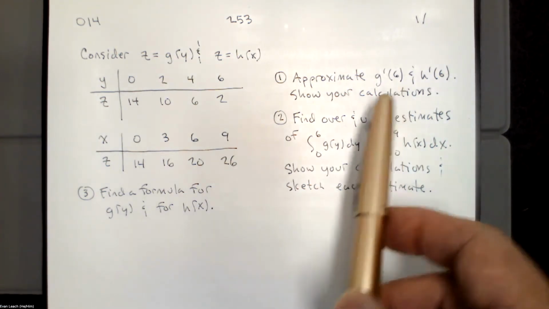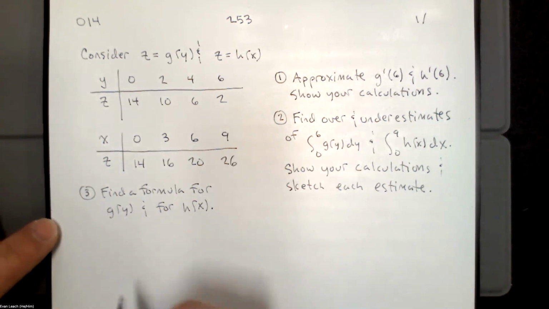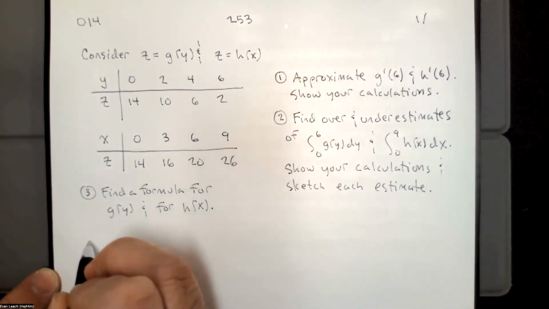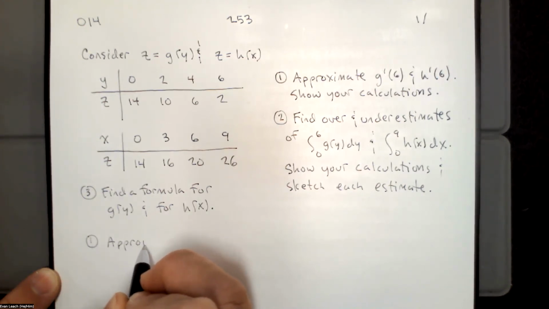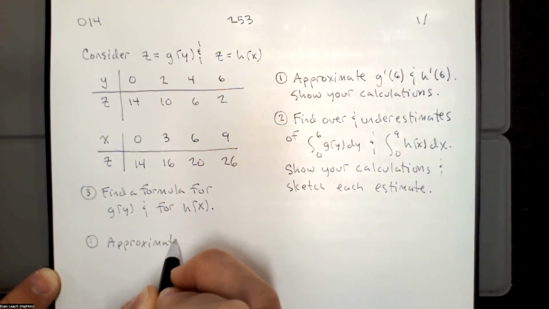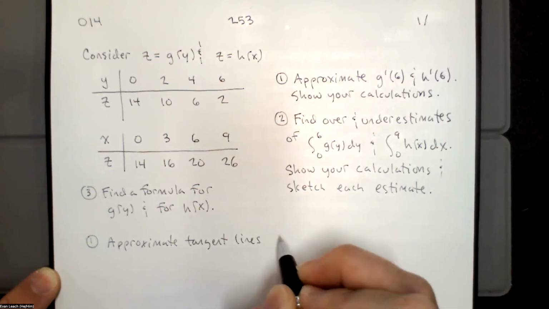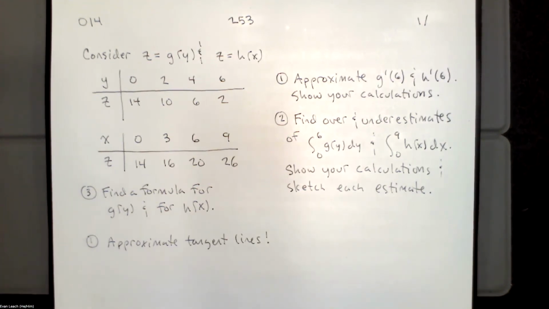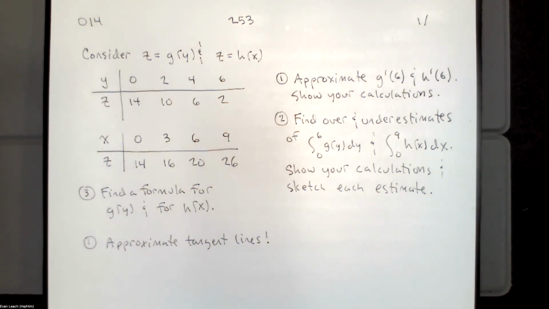That's as good as we can get. We know that g prime of 6 is going to be the slope of the tangent line. We don't have enough information to get a tangent line, so we're just going to have to approximate. We're going to do the best we can. So for problem 1, we're approximating tangent lines. So g prime of 6 will be approximately the change in z divided by the change in y.